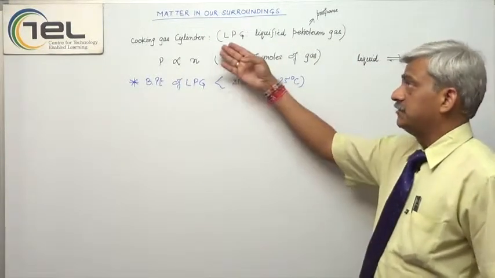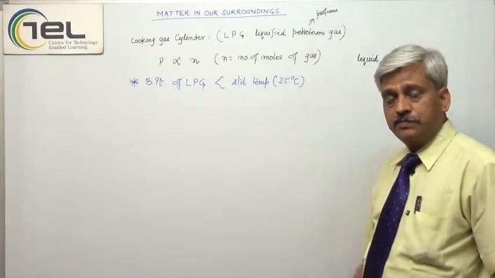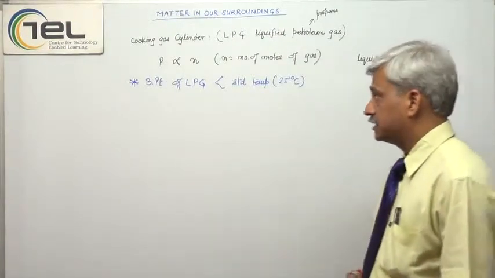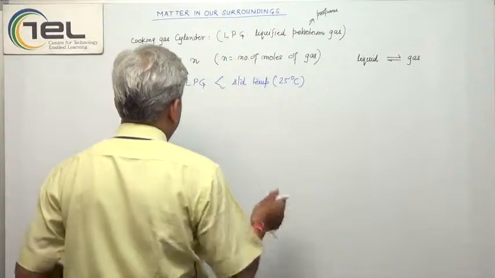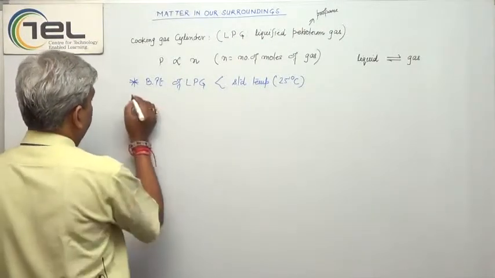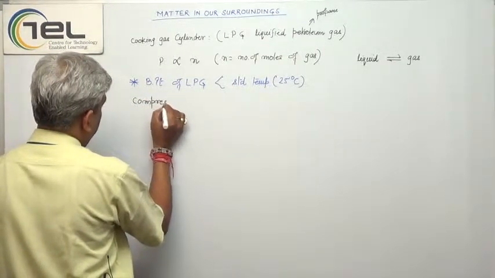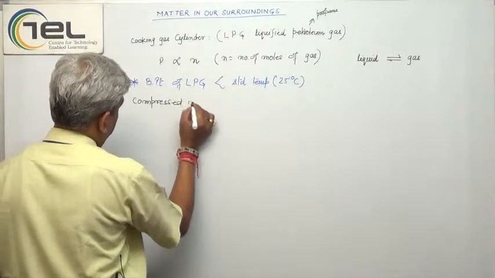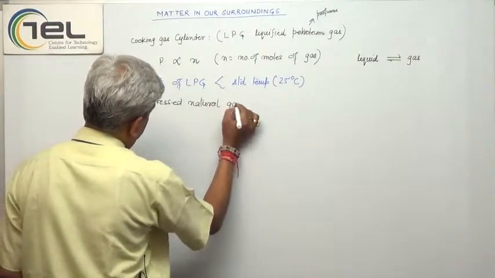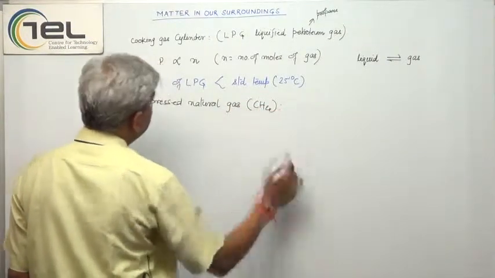Similarly, the same thing we use nowadays in CNG also, that is compressed natural gas that we use in auto vehicles. And compressed natural gas is what? Do you know? CNG mainly contains CH4, compressed natural gas, and mainly it is methane.